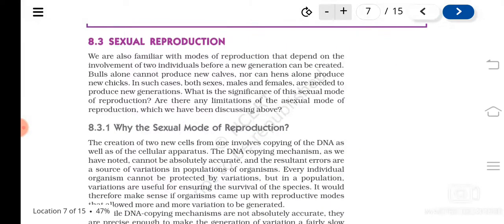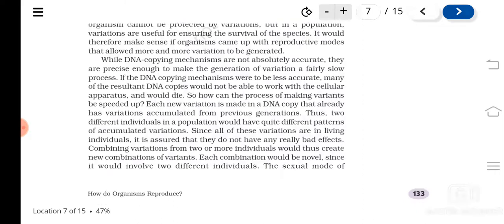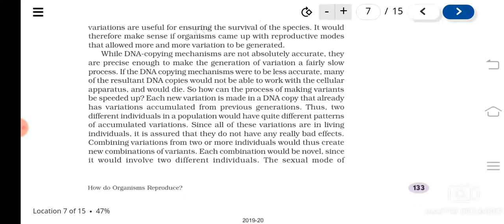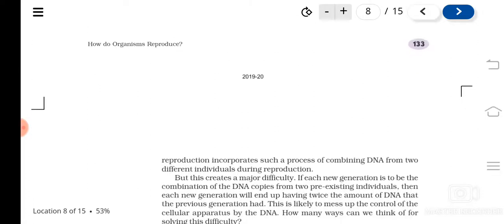Then sexual reproduction is one in which both sexes, male and female, are needed, and then there will be gamete production, fusion, and meiosis. So all this is there in sexual reproduction. The variation produced in sexual reproduction is much more than in asexual reproduction, because two parents are involved.